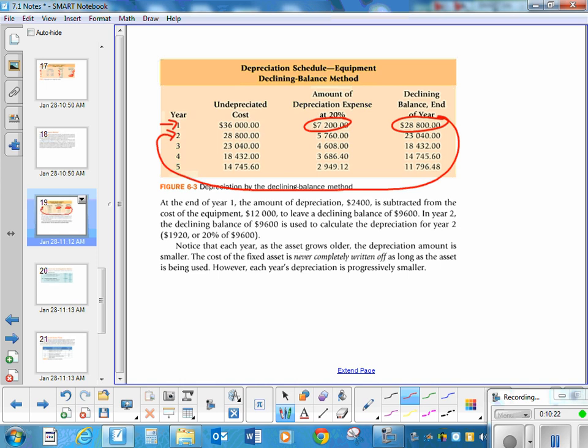In the second year, it's taking 20% of the 28,800, so it's depreciating this amount. You're going to subtract these two amounts. It's now worth this amount. Then this amount is going to be the beginning balance of what it's worth in year three. So that's another, this one's a little more accurate, but it's a little bit more figuring to do.